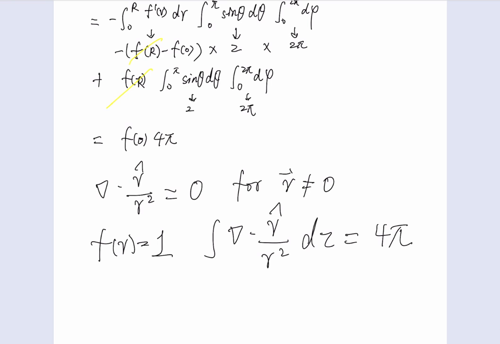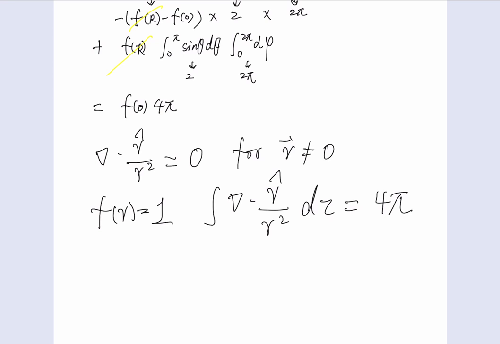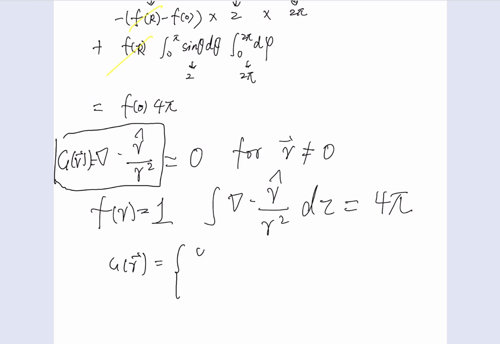So let me summarize what we find. Let's note this is a function of g of r. So define this g of r. The property is that g of r is actually 0 if r is not 0, and it's infinite when r is exactly at 0.